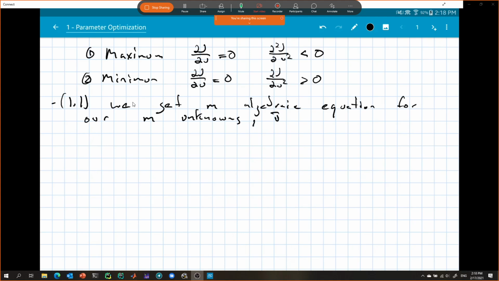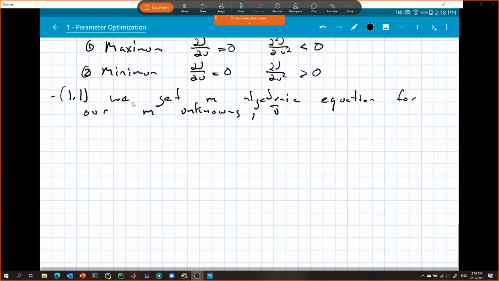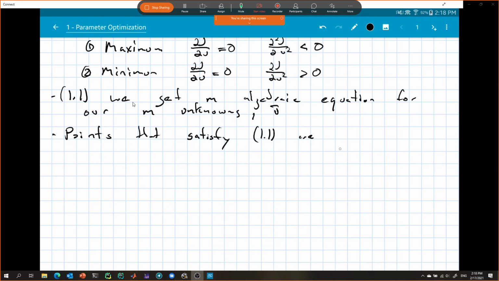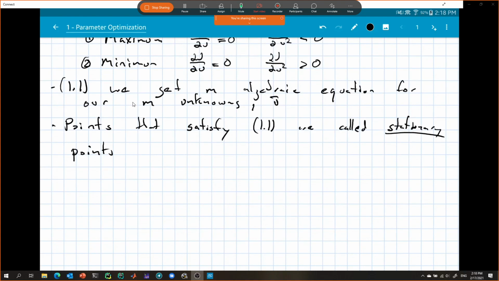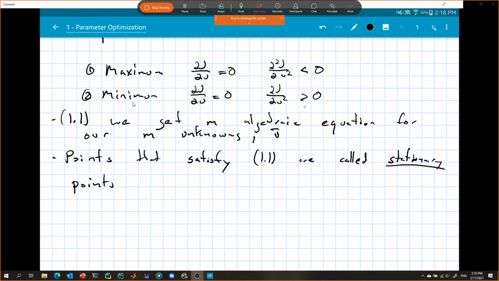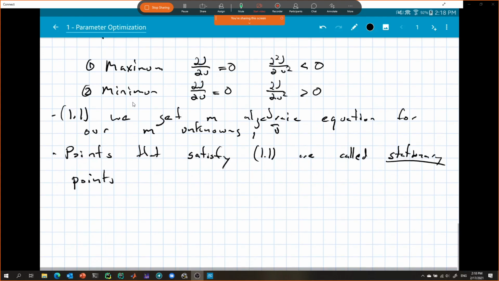So we have equations to solve and get points, and those points are called stationary points. Okay. And based on the second derivative, they could be maximum, minimum, or saddle points, which are neither.